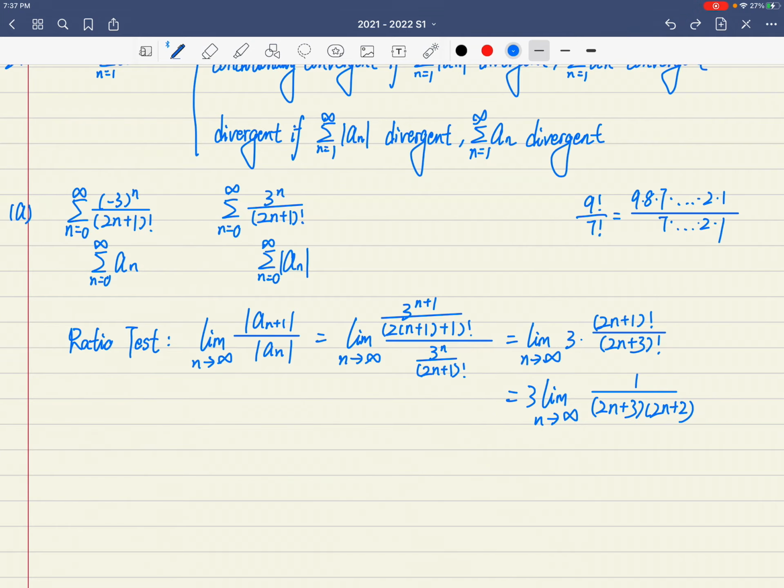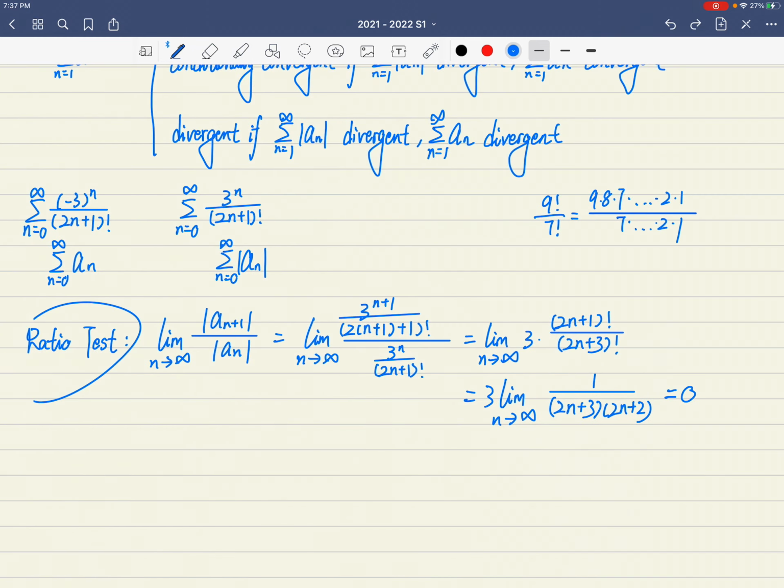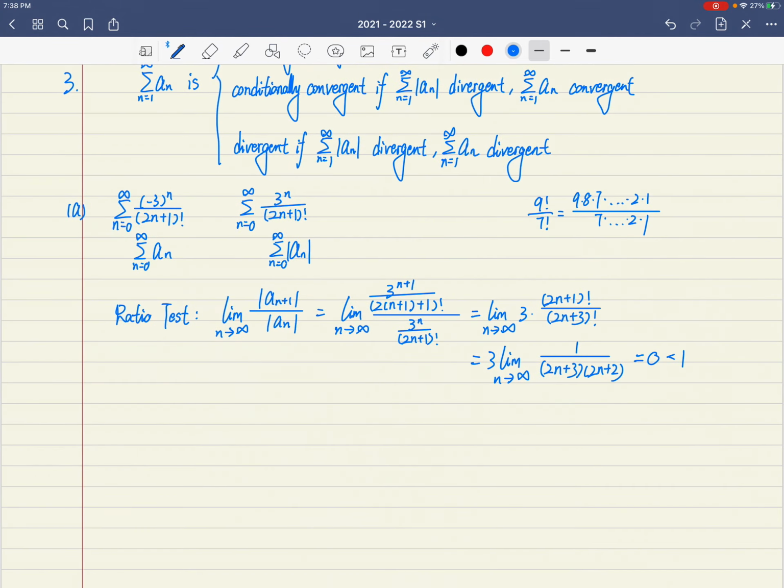And obviously this limit is just 0. Because we are doing a ratio test, the limit is 0, which means the limit is smaller than 1.